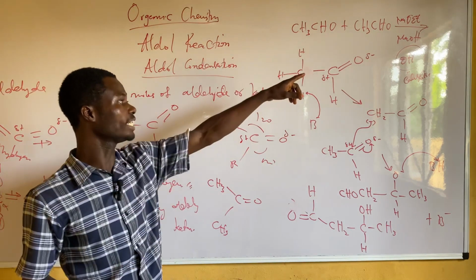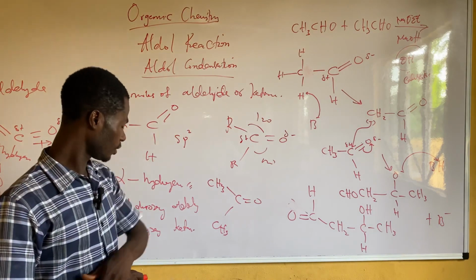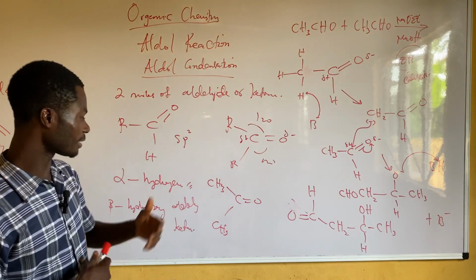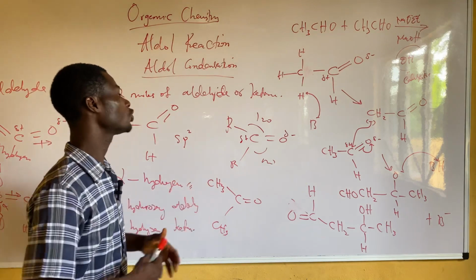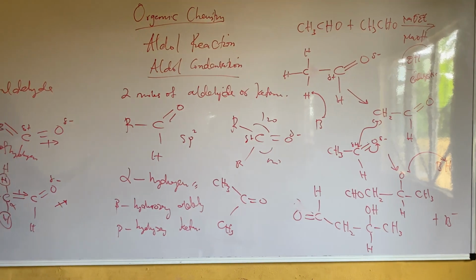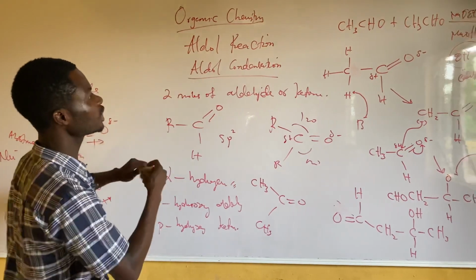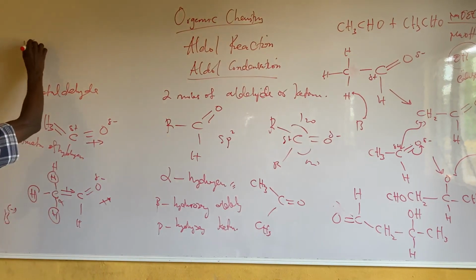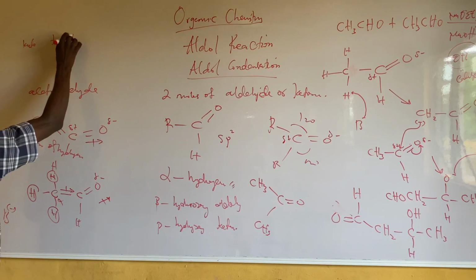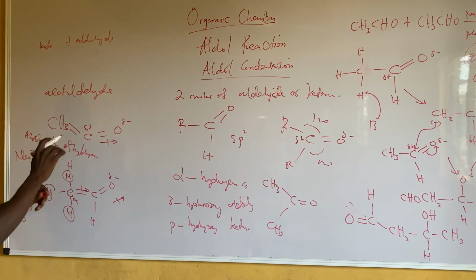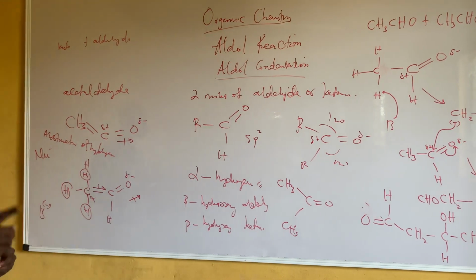To a nucleophilic attack. Is that okay? But then note, you should ask me a question: what about a case whereby you have a ketone and aldehyde together? Actually, this is going to give you 4 different possible products. So you have to take note of that.